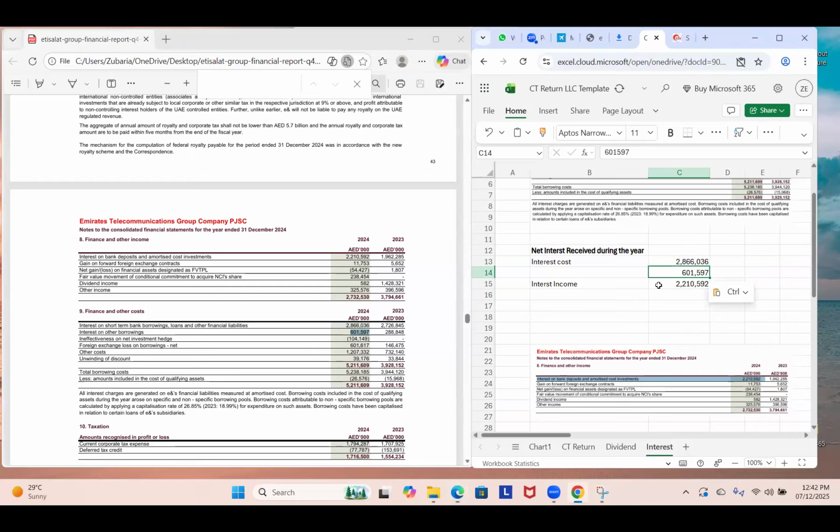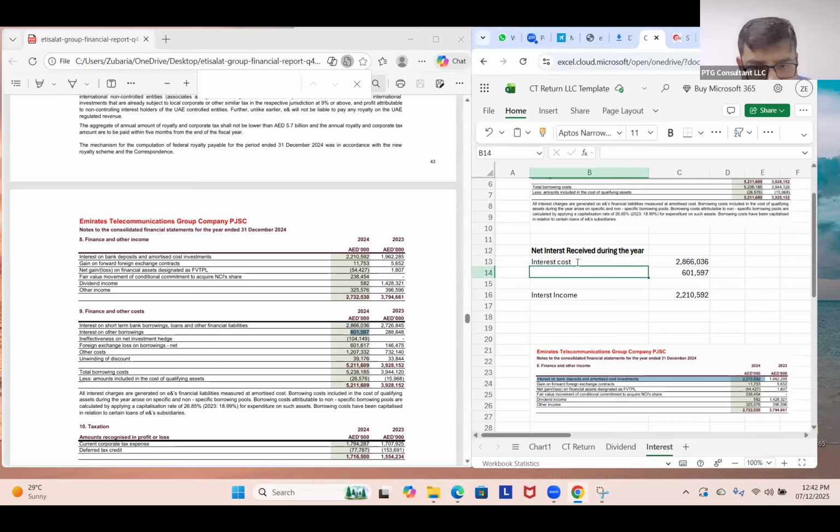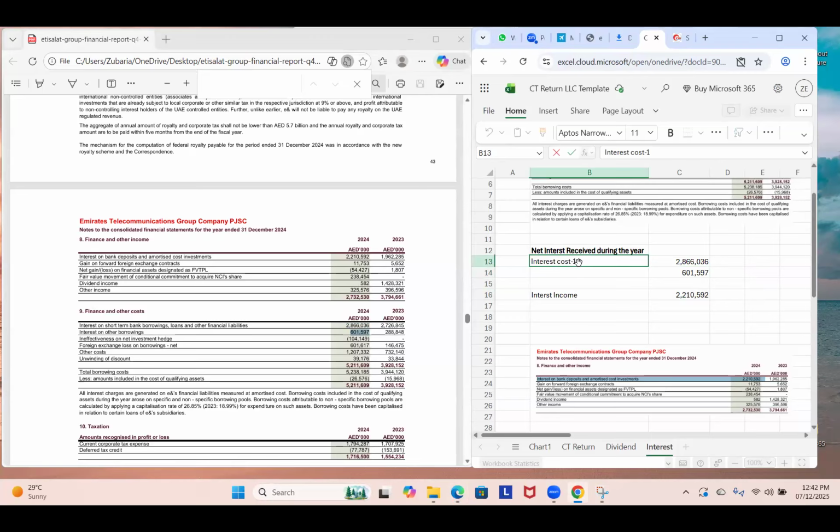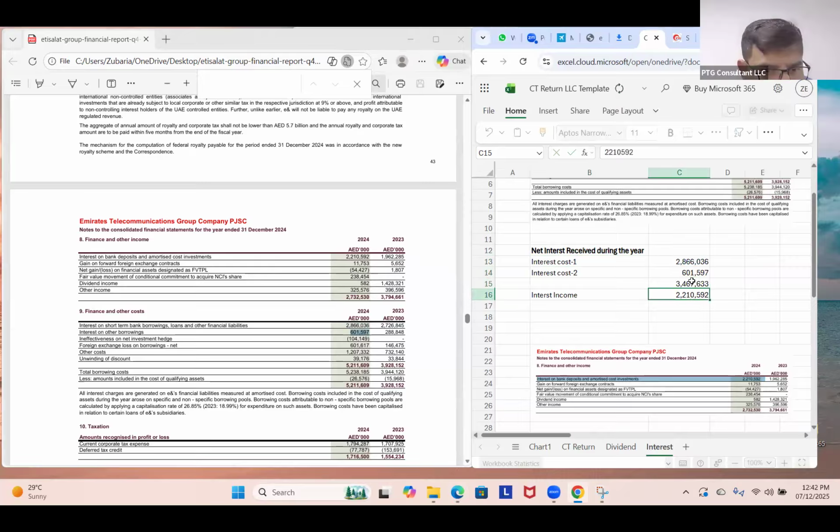Actually, I will do a bifurcation so later on we can understand which two figures we added here. Yes, that is preferred. I'm using the online Excel version. No, this is the cost. Okay, that is cost.